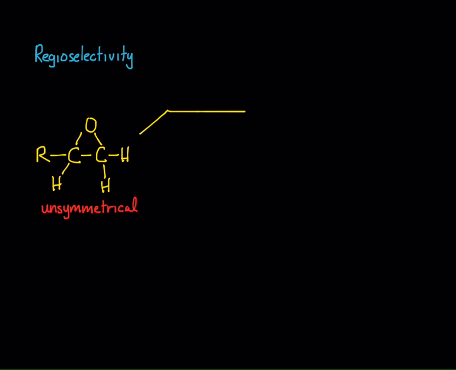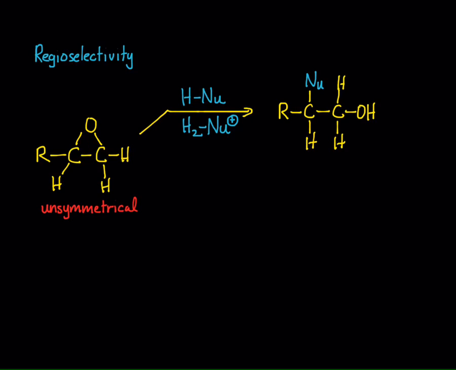So I react this in acidic conditions with some type of nucleophile, and the result is that the nucleophile always adds to the more substituted carbon. Whereas in basic conditions, now I have some negatively charged nucleophile.